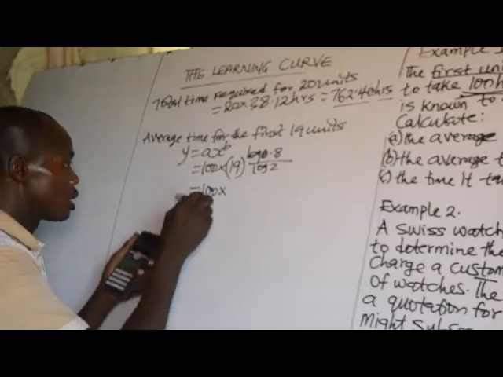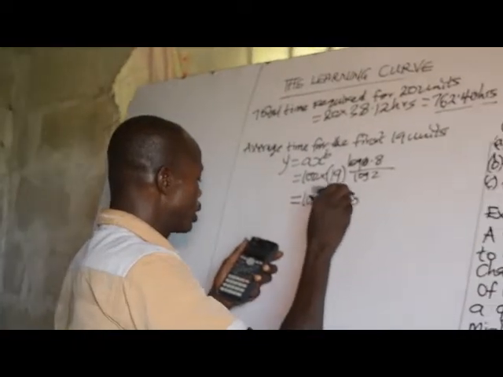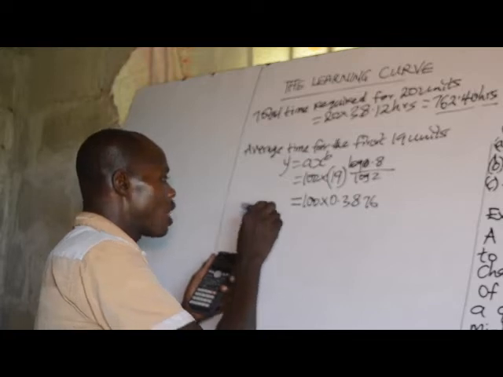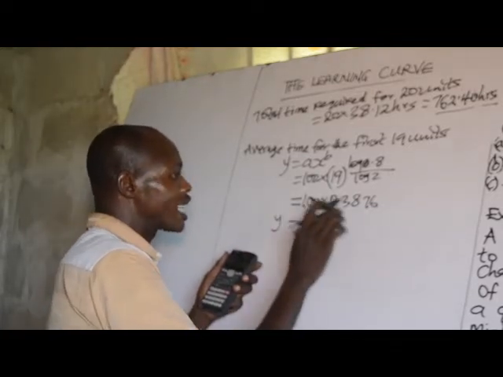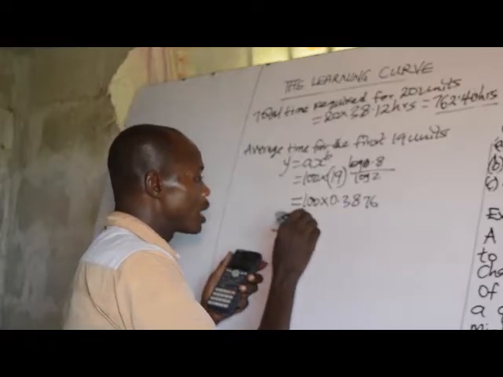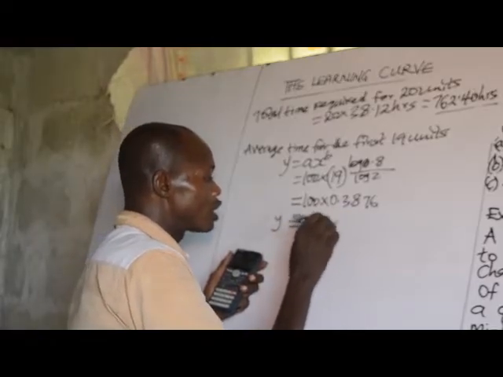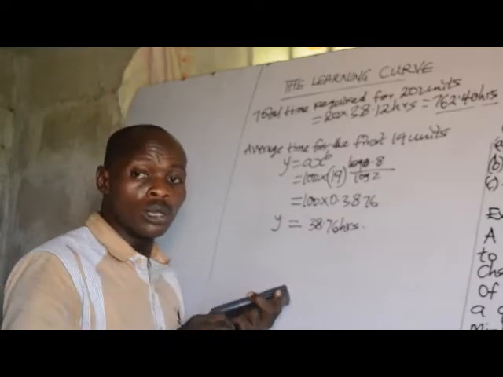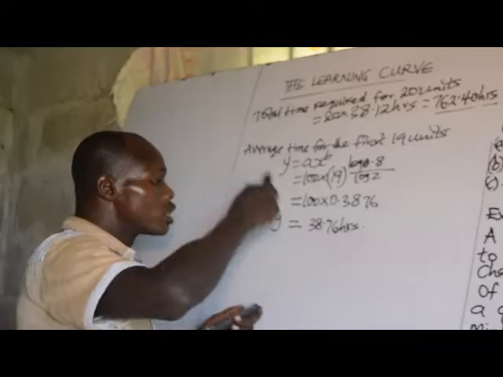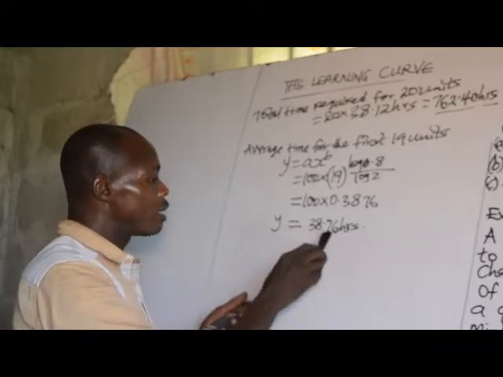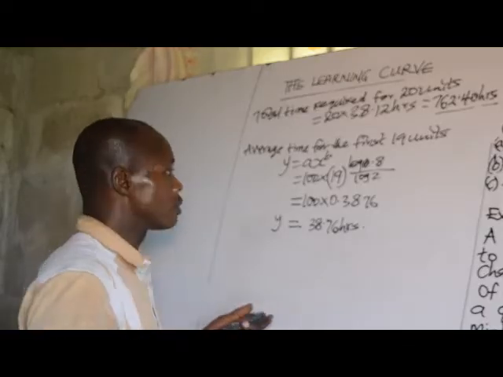It gives us 0.3876. If you multiply that by 100, y equals 100 times 0.3876. That gives us 38.76 hours. That means to produce a unit from the total of 19 units, 38.76 hours will be required.